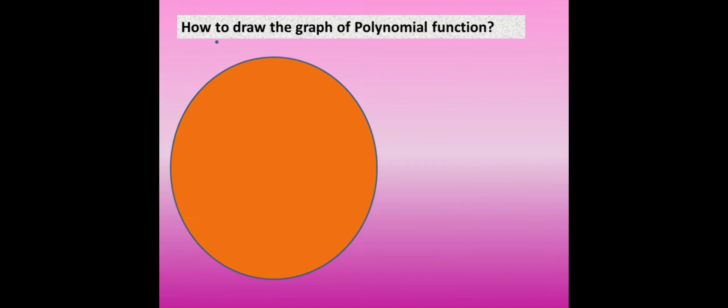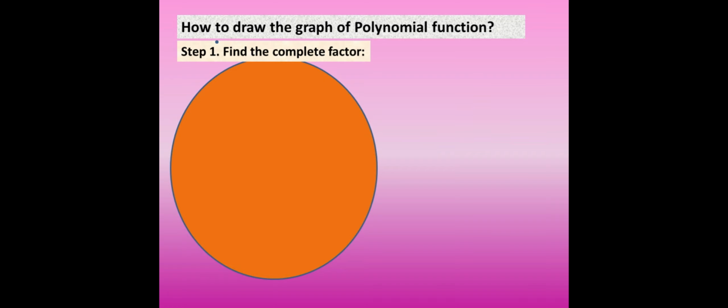And the problem now is how to draw the graph of a polynomial function. We have the following steps. Step 1 is to find the complete factor. I would like to emphasize that not all polynomial functions are factorable. So I will focus now on a polynomial function which is factorable.